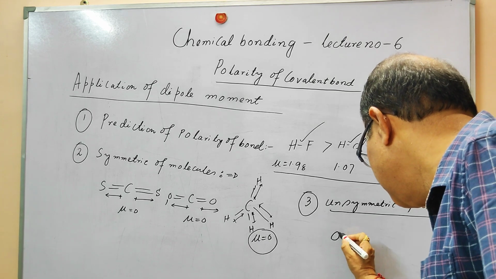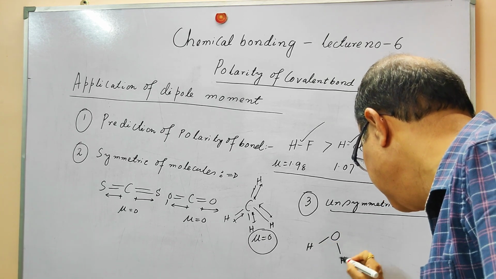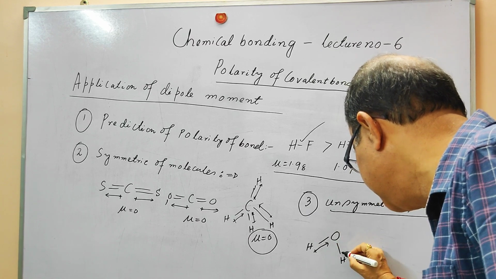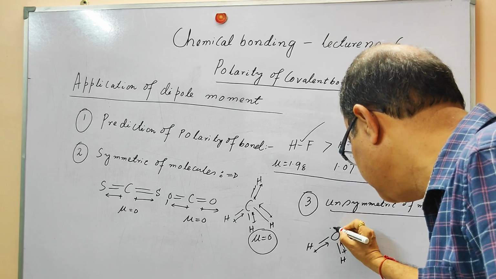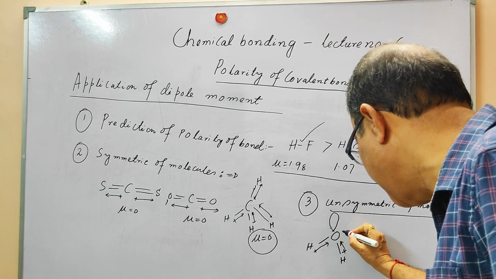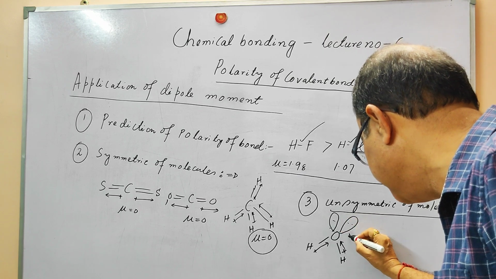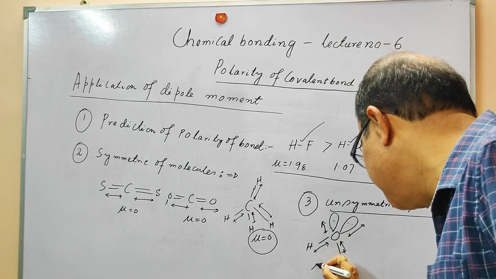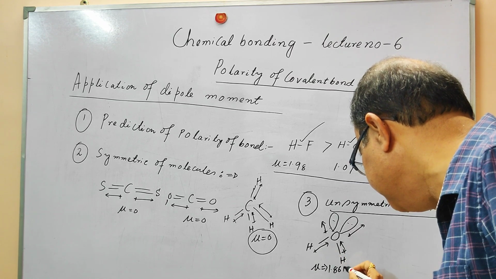For example, H2O. In H2O you can find there is a dipole moment, and there are 2 lone electron pairs, which will also contribute some dipole moment. So its dipole moment is found to be 1.86 D.